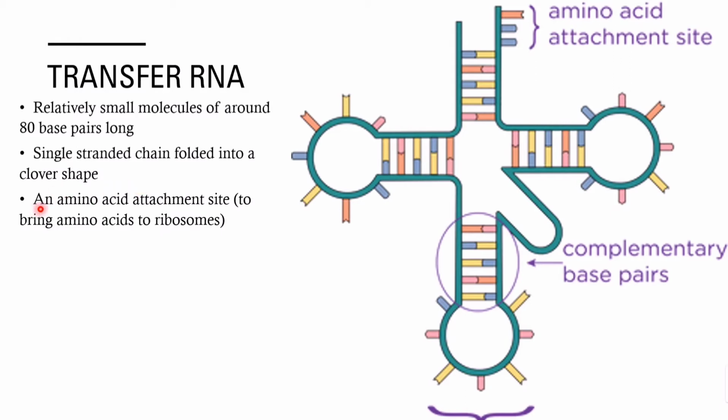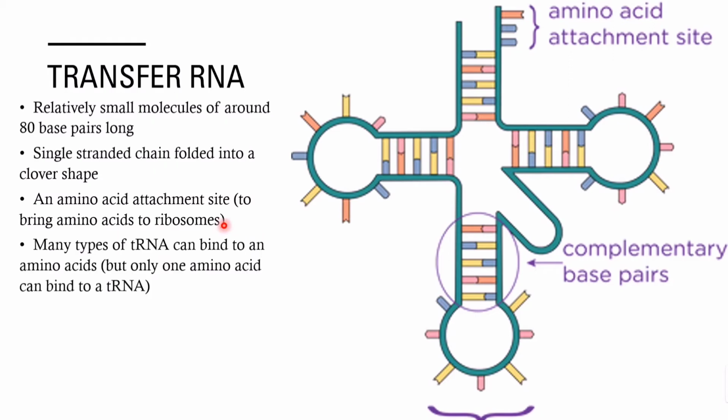And tRNA has an amino acid attachment site, and you can see this here. This allows the tRNA to bind to amino acids to bring them to the ribosomes to form these protein polypeptide chains. Many types of tRNA can bind to a certain amino acid.